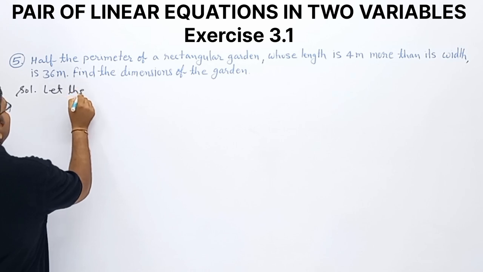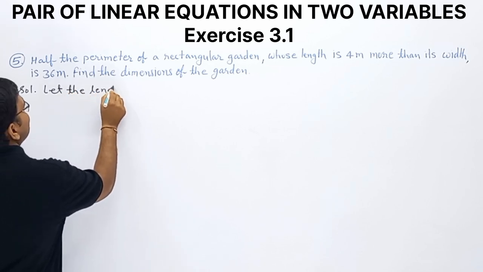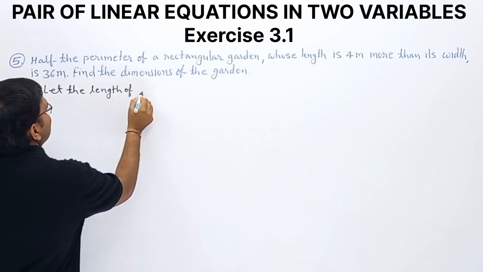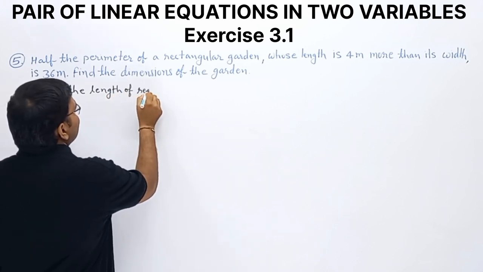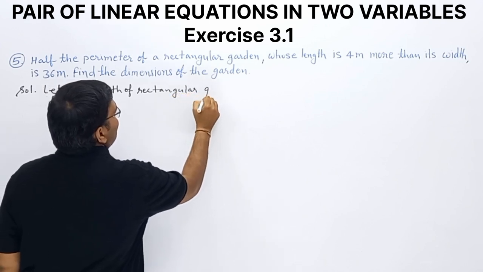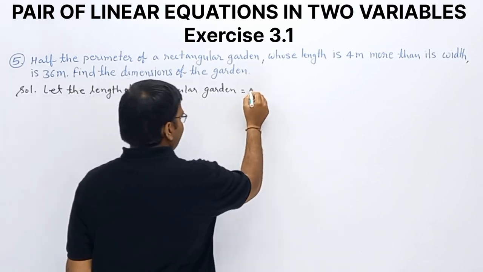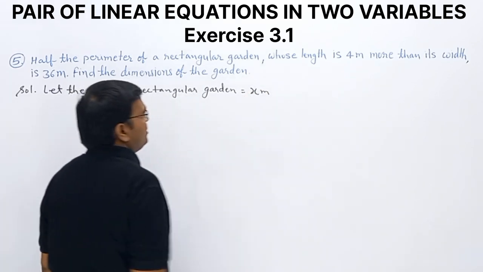Let the length of the rectangular garden equal X meter. Clear?